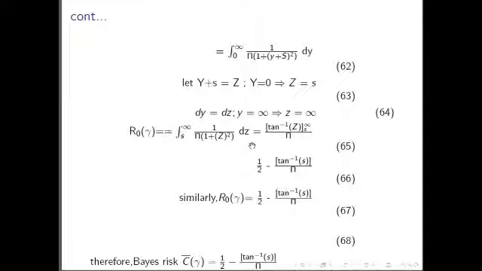On solving, we have R naught of gamma is equal to 1 by 2 minus tan inverse s divided by pi. Similarly, R1 of gamma is also equal to 1 by 2 minus tan inverse s divided by pi. On substituting R naught of gamma and R1 of gamma in the cost equation, we have C bar of gamma, that is Bayes risk, is equal to 1 by 2 minus tan inverse s divided by pi.